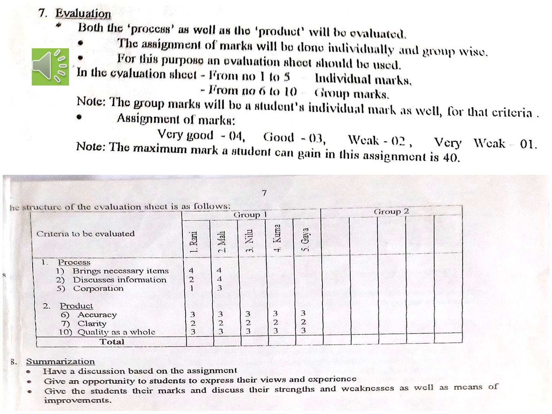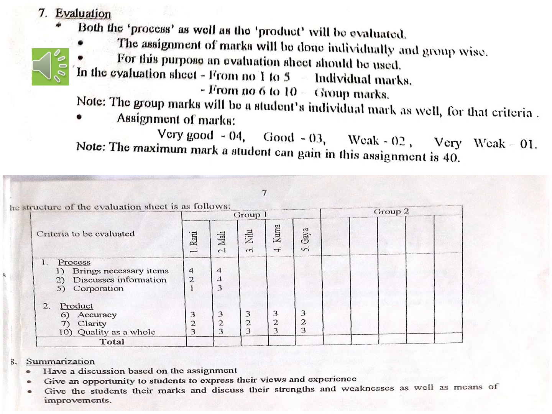Now the teacher will check whether Rani has brought the necessary items, color pencils, A4 sheets, whatever. Right? She has brought them. So 4 marks. Now note, in the evaluation, the group marks will be a student's individual marks as well.